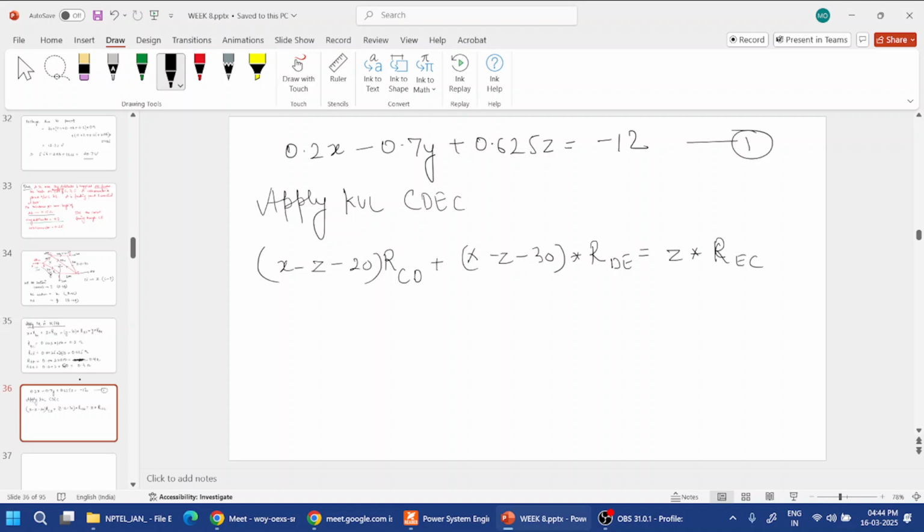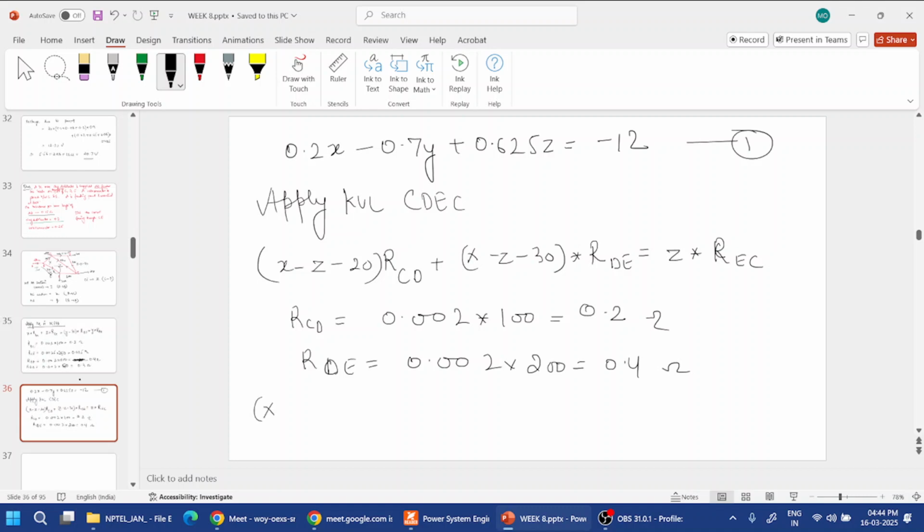Okay, what is RCD? It is 0.002 into 100, which comes out to be 0.2. And RDE, it is also a ring distributor, 0.002 into 200, so it comes out to be 0.4.